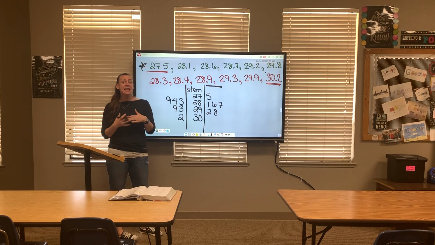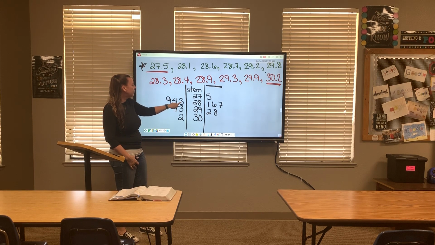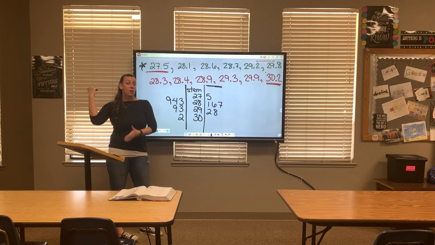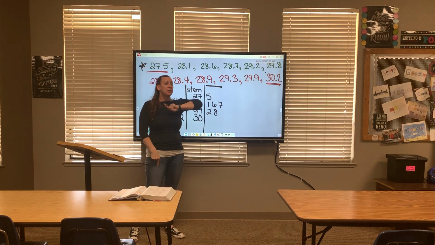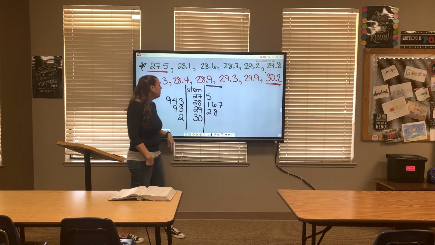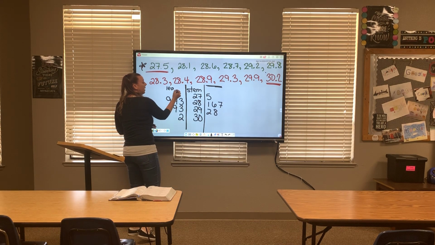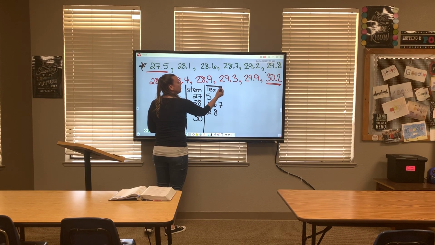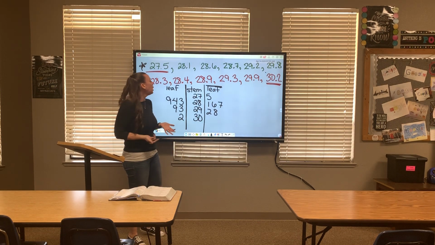Now, in this case, I want to double check. It's ordered 3, 4, 9. It goes in numerical order this way on the leaf that is on the left-hand side, and it numbers that way for the leaves that are on the right-hand side. Okay, so this is a leaf, and this is a leaf. When they go both directions, that's called a double stem and leaf plot.